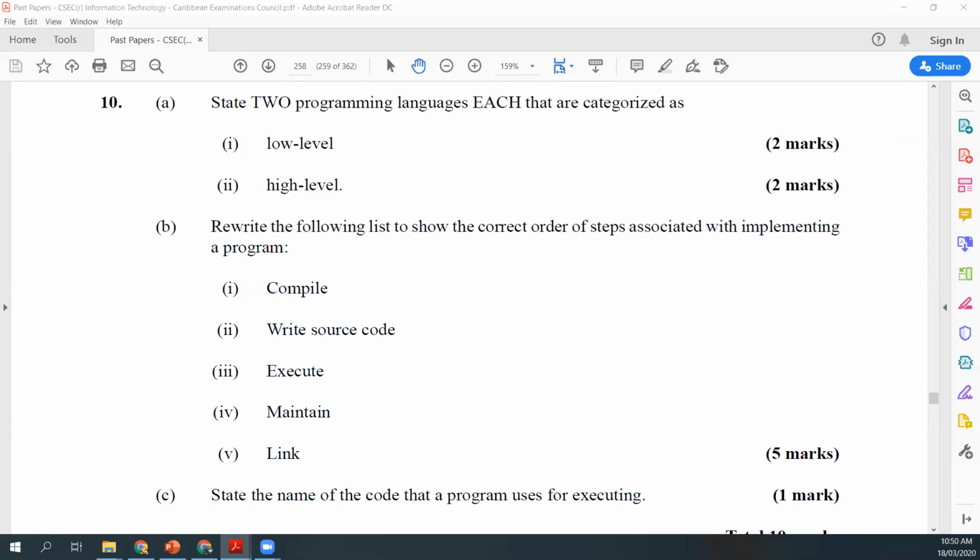We've mentioned it a couple times already. No, not machine. It is object code, right? Remember, object code is what the program uses for executing. The program is converted from source code to object code. Okay, so that's that question there.